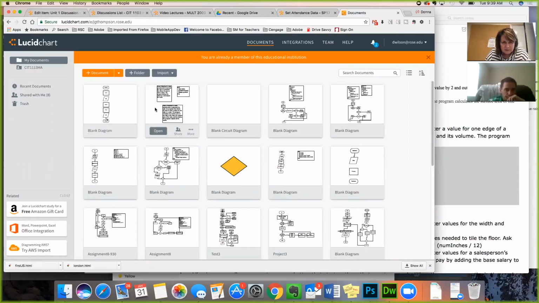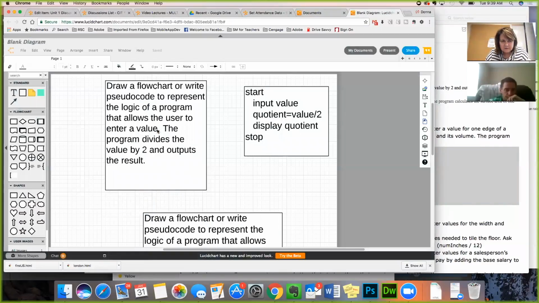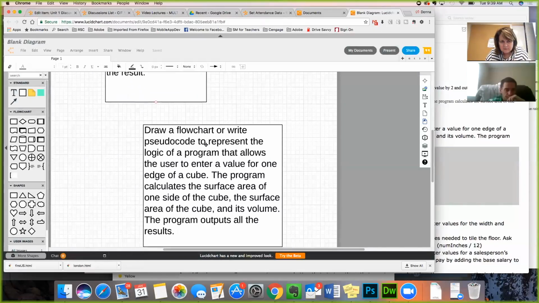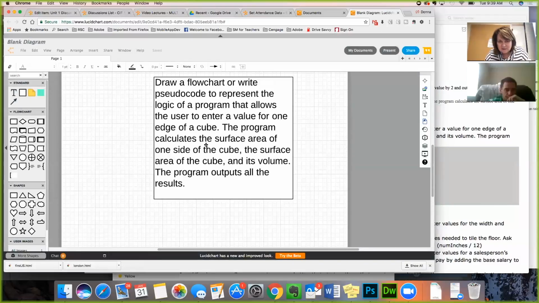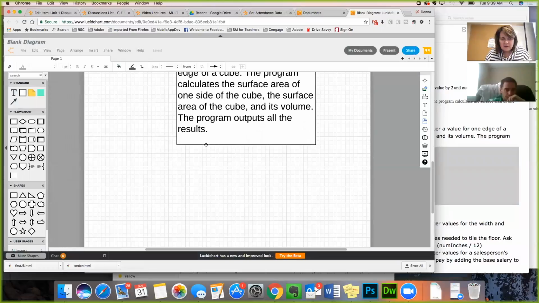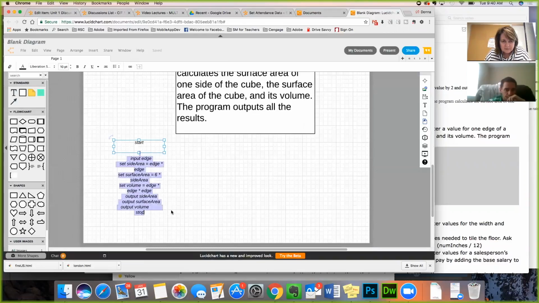That's not the one we did. Let me see if this is it. Because we did do some of them in Lucidchart. I'm going to see if this is. Yeah, here. Oh, but I don't think I put the output there. Okay. So the way that should have been, and I went ahead and added it into the Evernote.